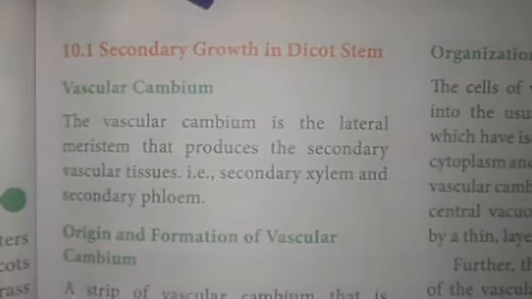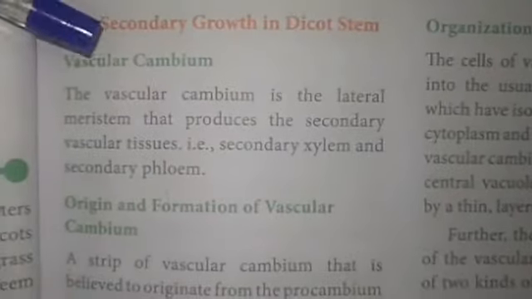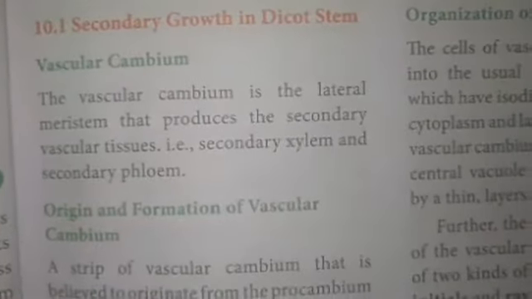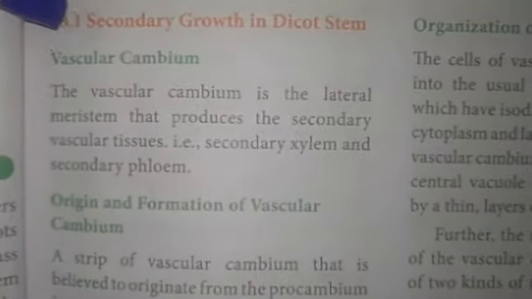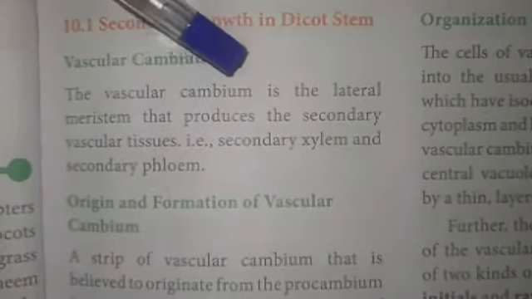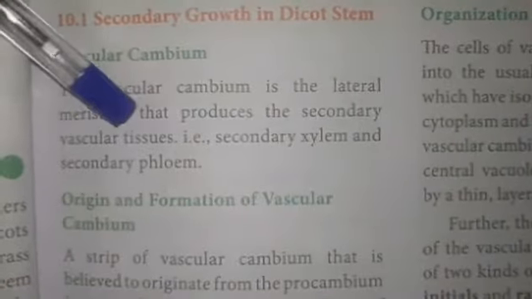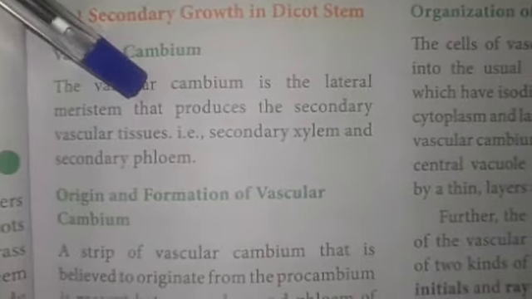Next, secondary growth in the dicot stem. Vascular cambium and cork cambium are responsible for the secondary growth in the dicot stem and also in roots. The vascular cambium is the lateral meristem that produces the secondary vascular tissues, that is, secondary xylem and secondary phloem.